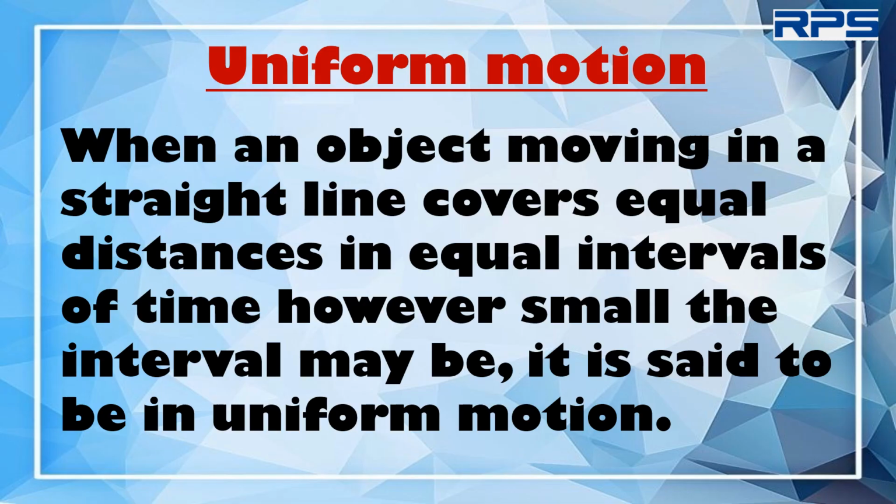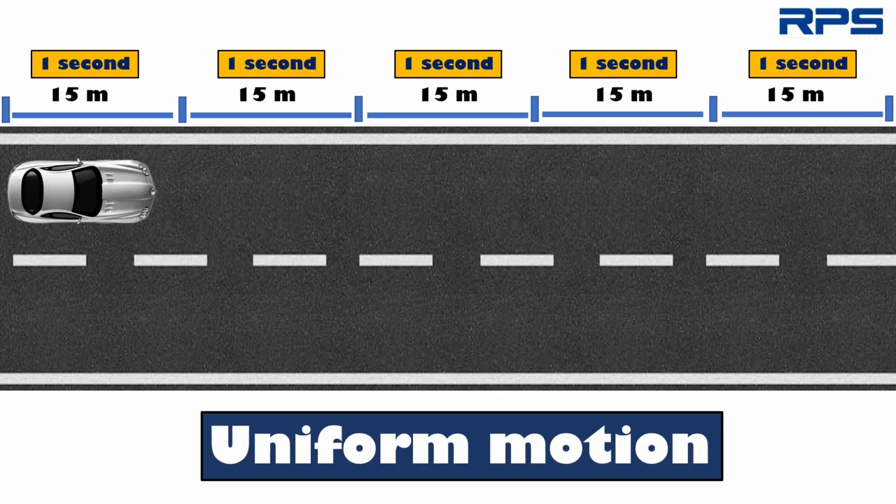When an object moving in a straight line covers equal distances in equal intervals of time, however small the interval may be, it is said to be in uniform motion. Now, let's take the journey of this car as an example. This car covers equal distances in equal intervals of time.